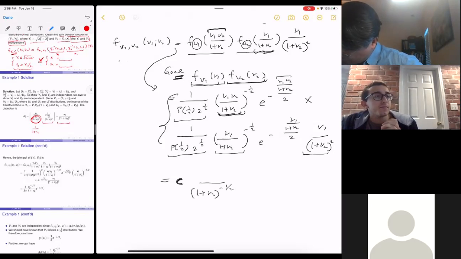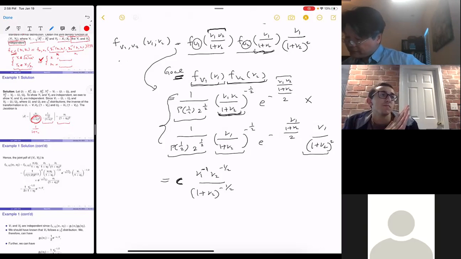Inverse, right? Okay, so that means V1 to the minus half becomes minus 1, right? And then V2 to the minus half right here. I'm trying to combine this guy and this guy together, right? Make sure I don't make a mistake. And then this guy also has V1 as well, to see if I can first simplify.